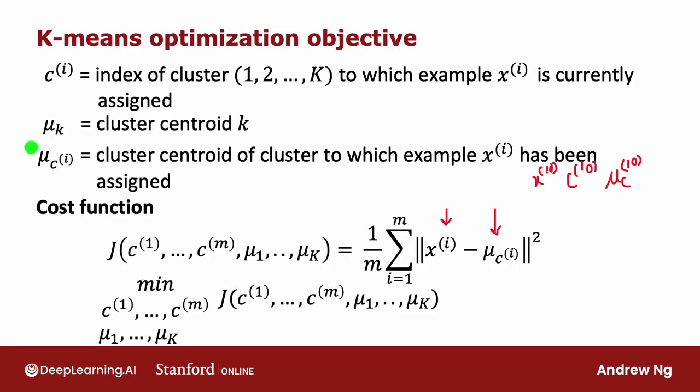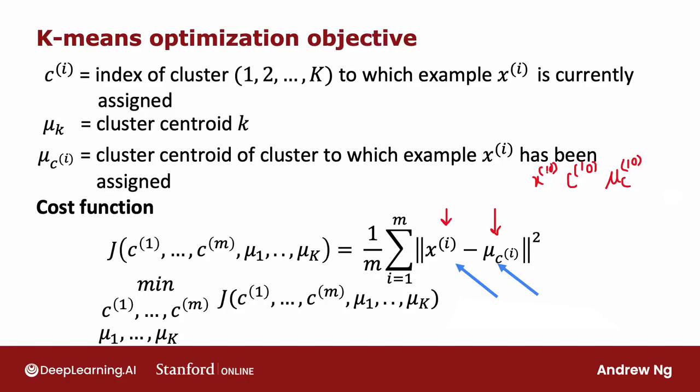In other words, the cost function for k-means is the average squared distance between every training example xi and the location of the cluster centroid to which the training example xi has been assigned. So for this example up here, we would be measuring the distance between x10 and mu subscript c10, the cluster centroid to which x10 has been assigned, and taking the square of that distance.